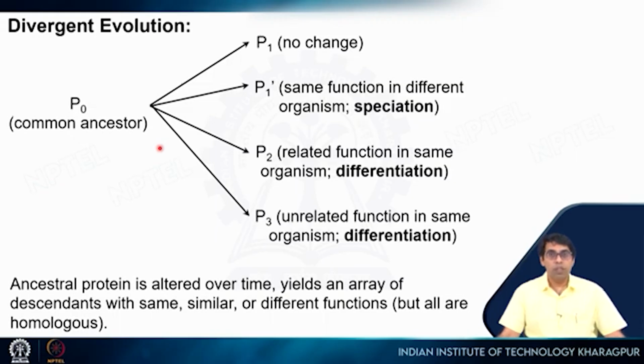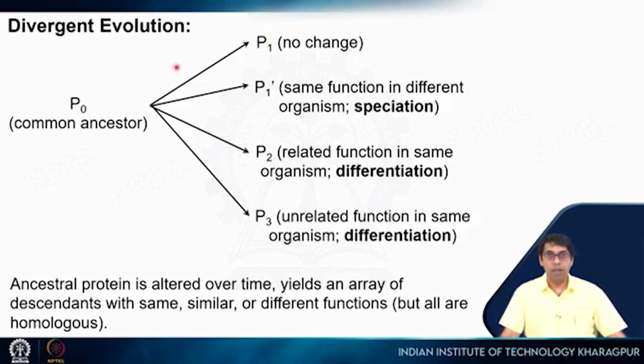Evolution in most cases is divergent evolution. So what is divergent evolution? Let's say there is some ancestral species which has a particular protein, denoted by P0. This is the common ancestor. That species can survive, so it remains the same and the protein also remains the same.